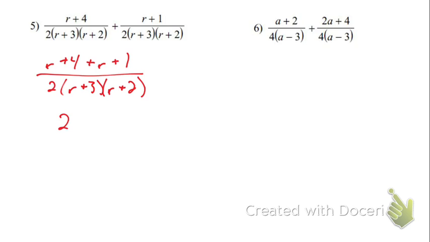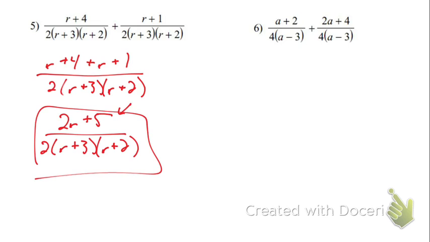So the top is going to be 2r plus 5. The bottom is still 2, parentheses, r plus 3, r plus 2. Can't factor the top, so we are done. That's it. All right. I don't need to show you number 6, do I? Nah, that wouldn't be any fun anyway.